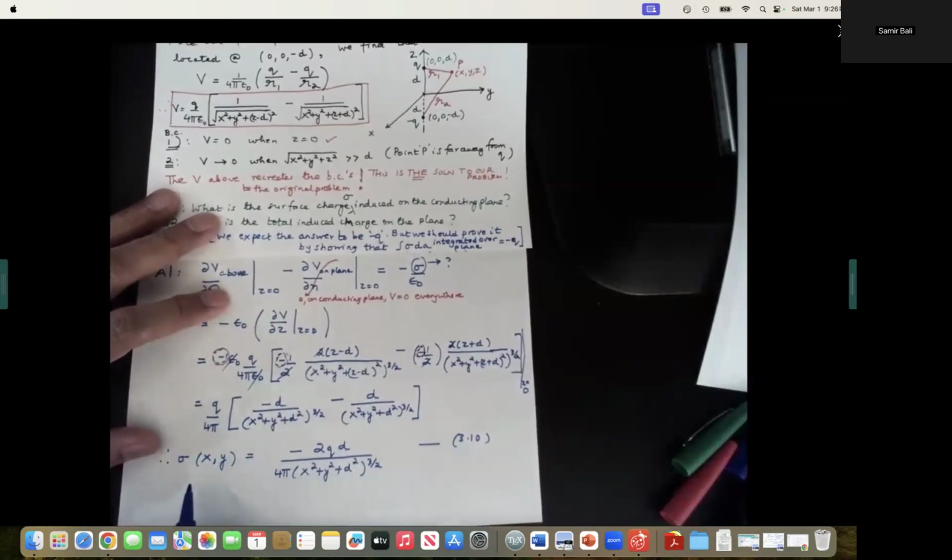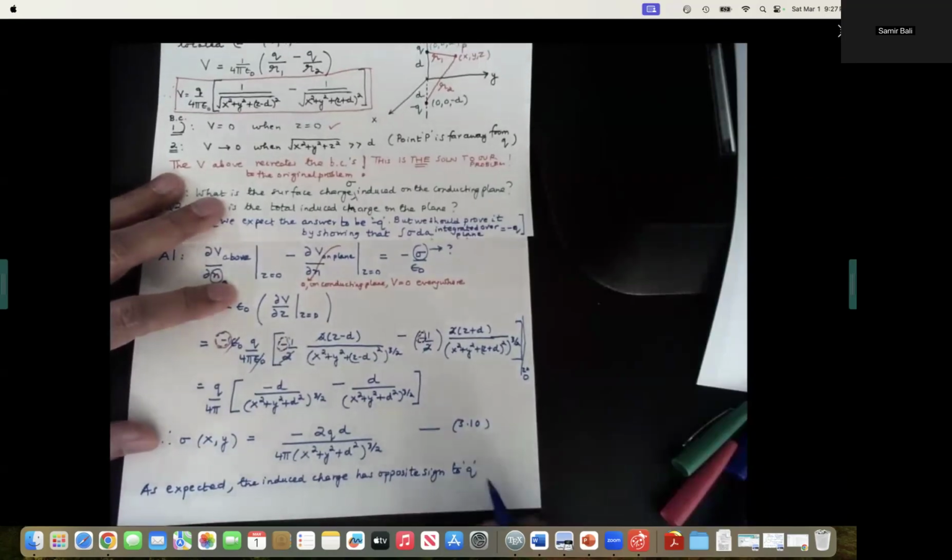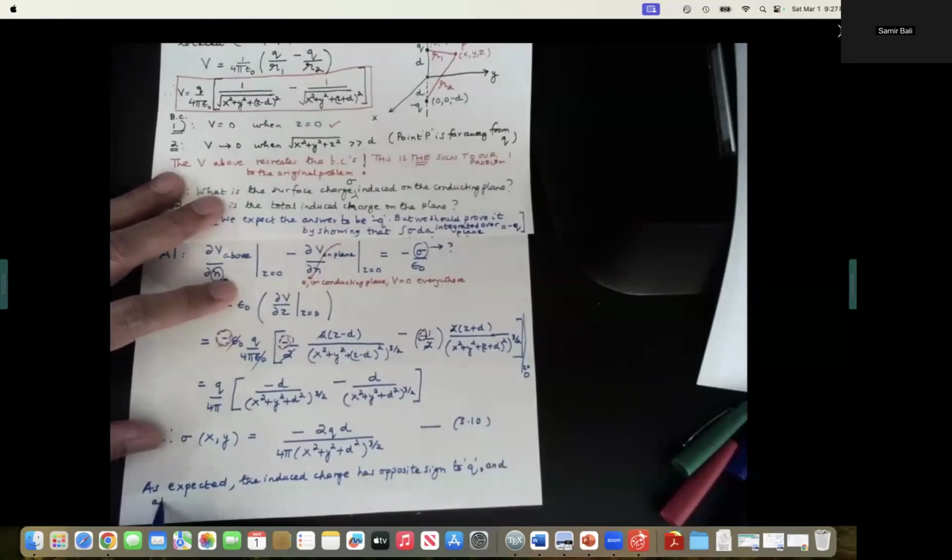And as expected, the induced charge has a negative sign, right? Opposite sign to q. And as expected, it attains its maximum value.